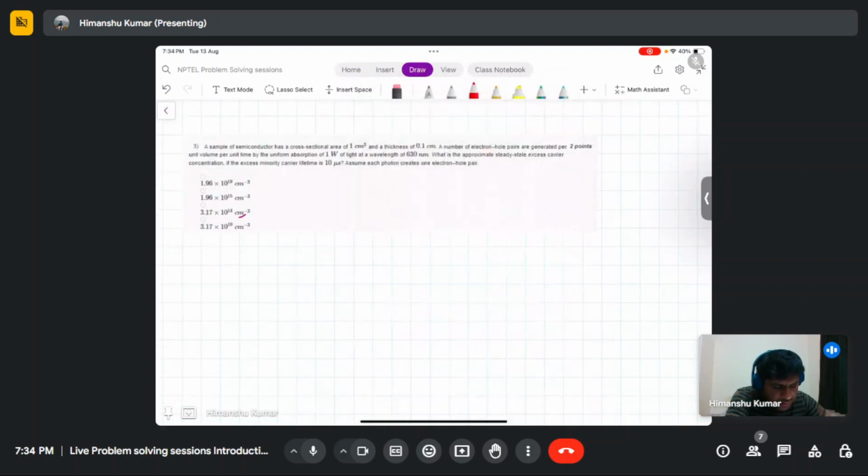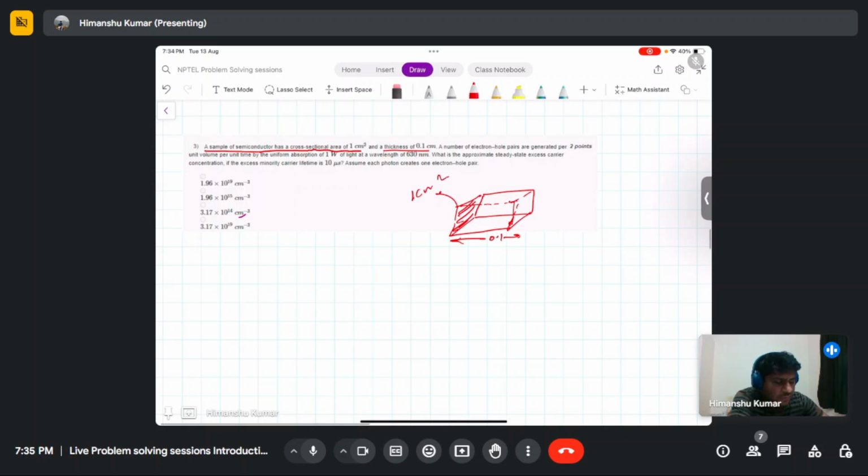So a sample of semiconductor has a cross-section area of 1 centimeter square and thickness of 0.1 centimeter. If we draw this, this is the semiconductor, and the thickness is 0.1, and the cross-section area on this side is given as 1 centimeter square.